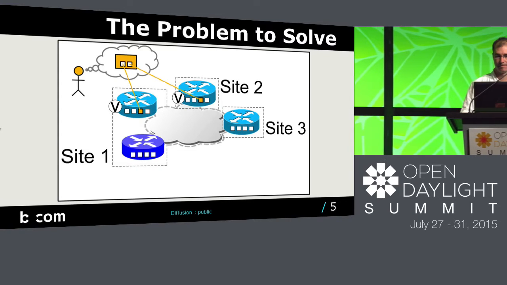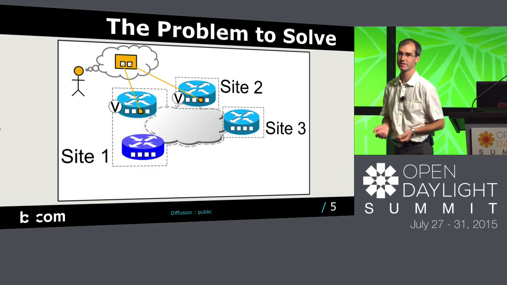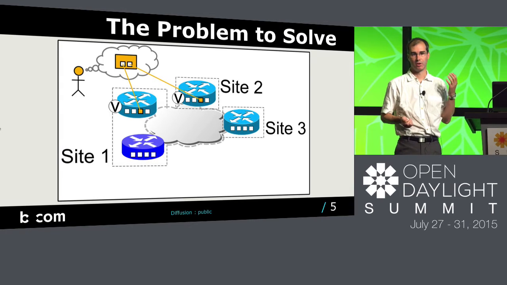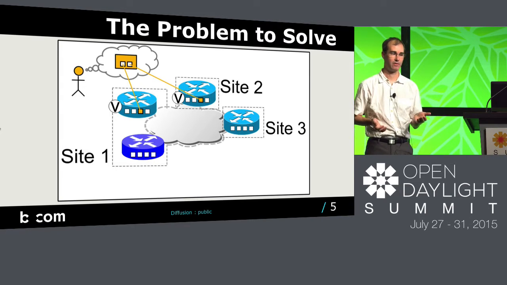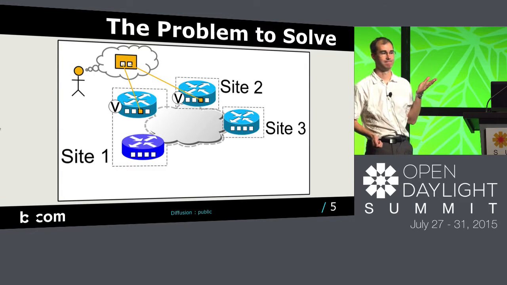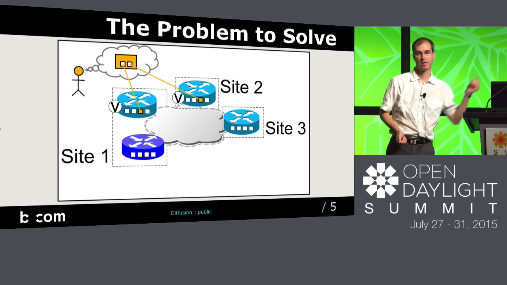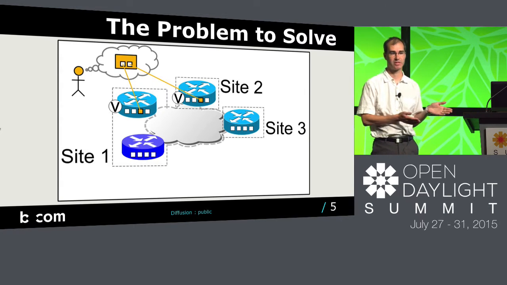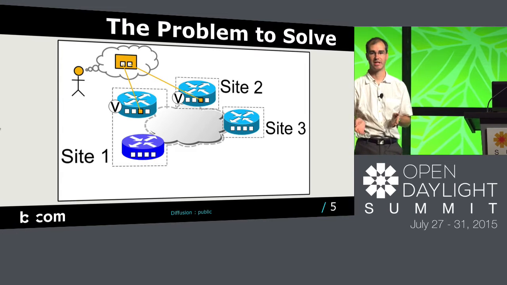So now, on top of that infrastructure, we want the users to be able to order their virtual private network service themselves. Here we have user Orange, who asks for the creation of a VPN with 1 port on site 1 and 1 port on site 2.